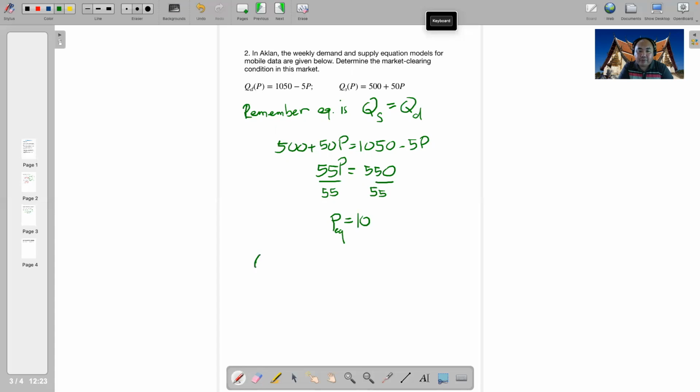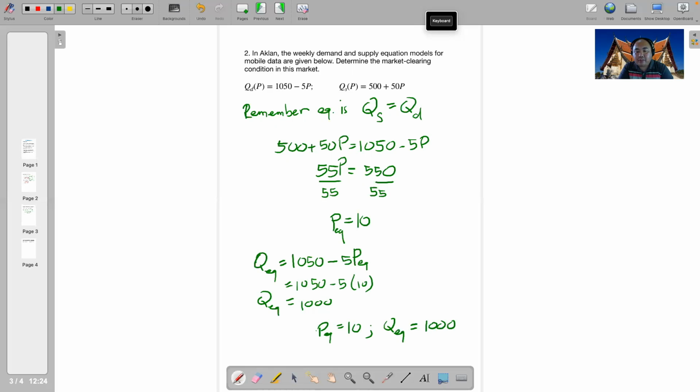So Q equilibrium is 1050 - 5 times P equilibrium, or 1050 - 5 times 10, which is 1000. So finally, our market clearing condition is a price of 10 and the quantity at equilibrium is 1000 terabytes. All right, so there you have it.